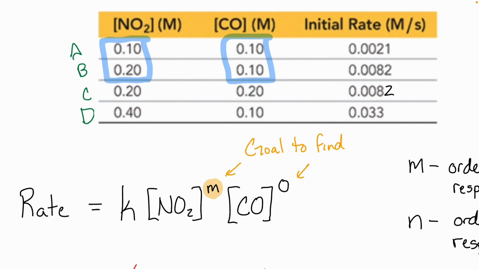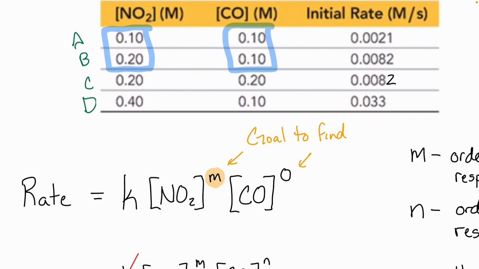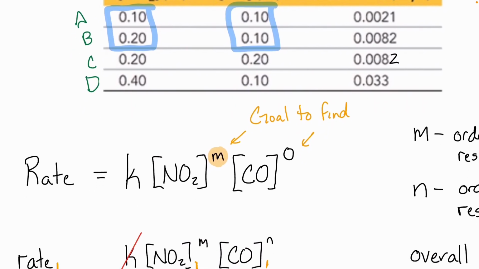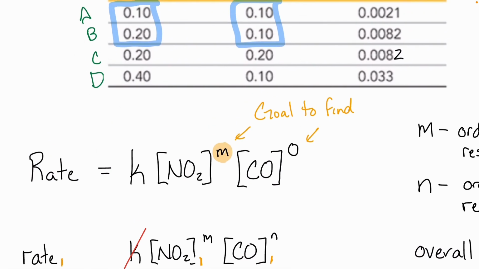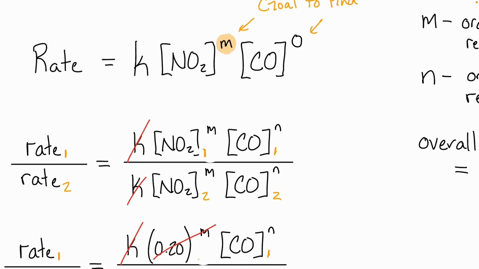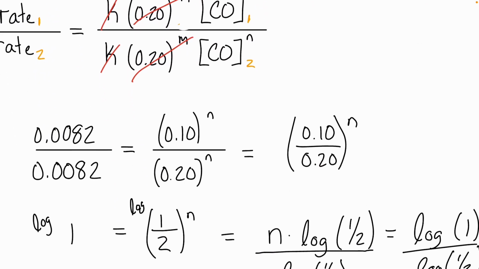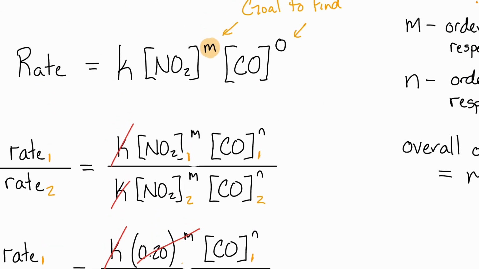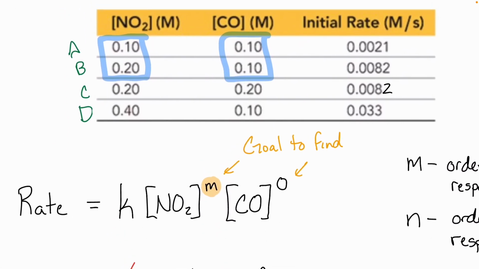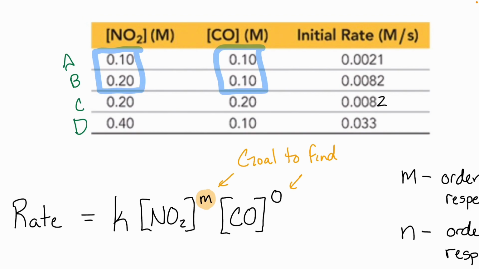Can we not use the same two data points but plugging in the zero order into the original?